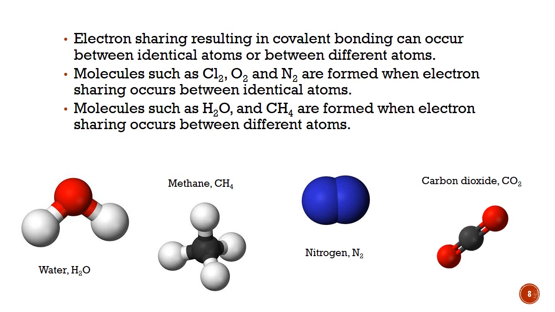So here you can see some examples of molecules. We're going to talk more about the shape later in this unit, but you can see that the carbon is bonded to two oxygen in carbon dioxide. Water is one oxygen bonded to two hydrogen, etc.